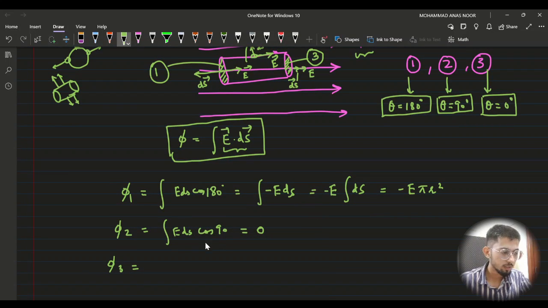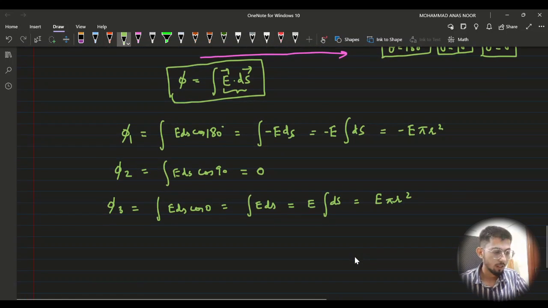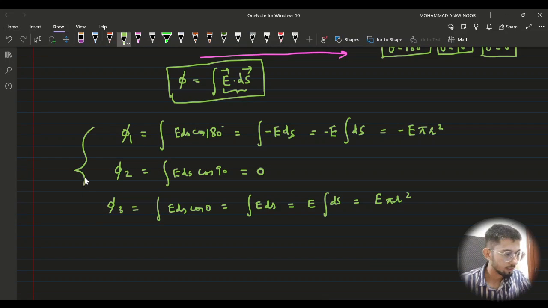E dS cos 0, cos 0 is 1, so the integral of E dS, and now we can take E outside of the integral, which gives E into pi r square. Now these are the flux for each one of the surfaces.